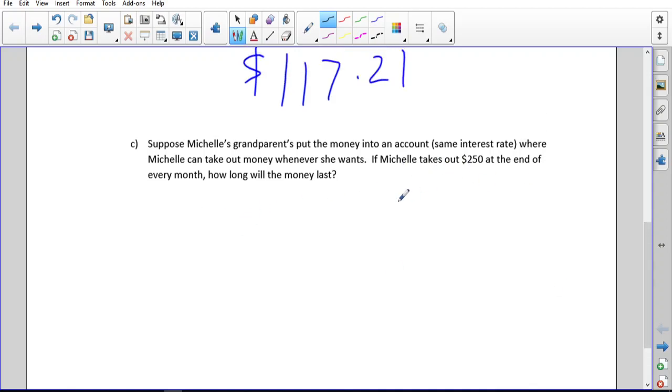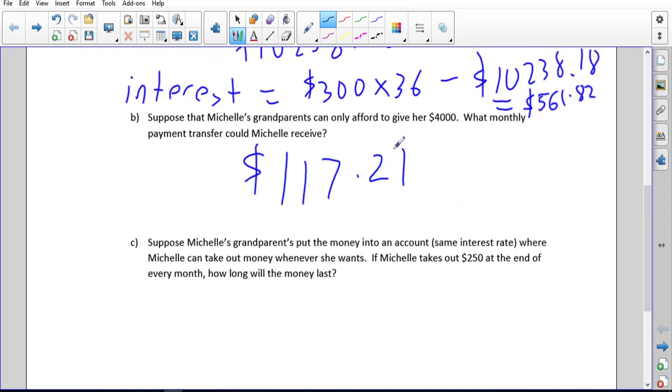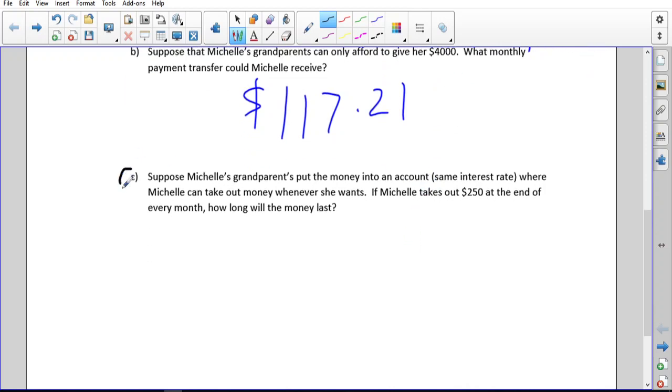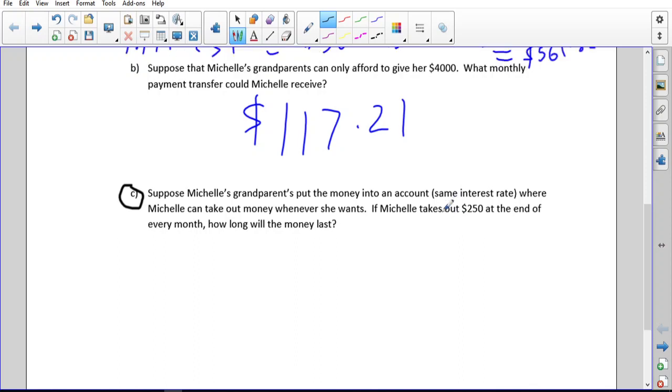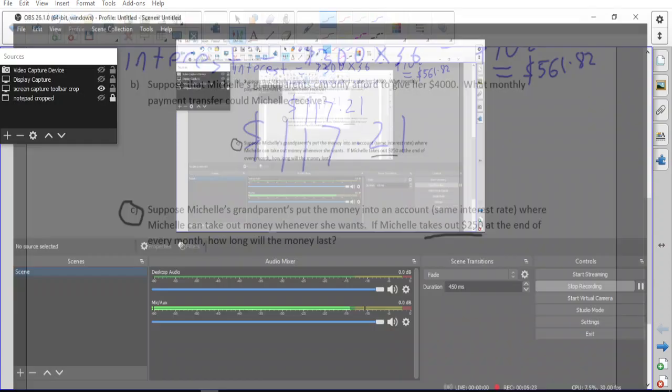So for example, maybe they put this money into an account, let's say $4,000 again for part C. Suppose it's a little bit different because now Michelle has access to the money whenever she wants, and when she's not using the money, it's collecting interest, and she can withdraw money. So suppose at the end of every month, Michelle takes out $250, which is more than 117. Then the question is, how long will the money last if she does that? We can answer that using the TVM solver.